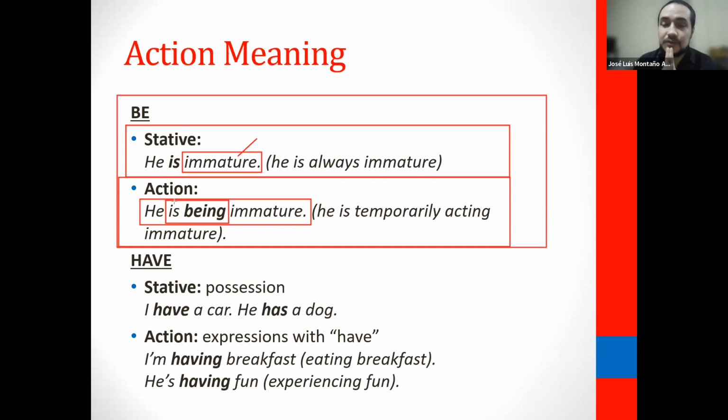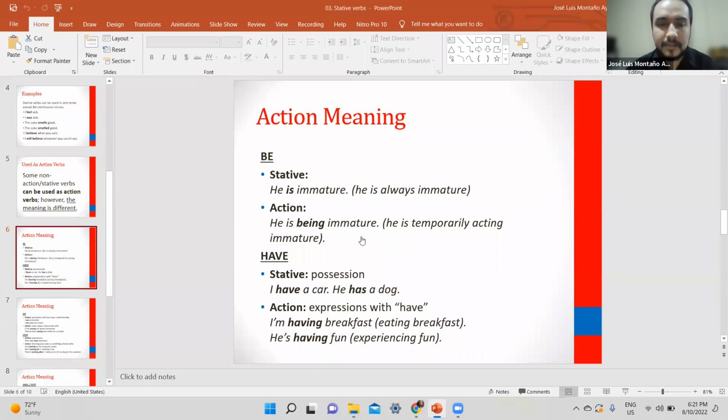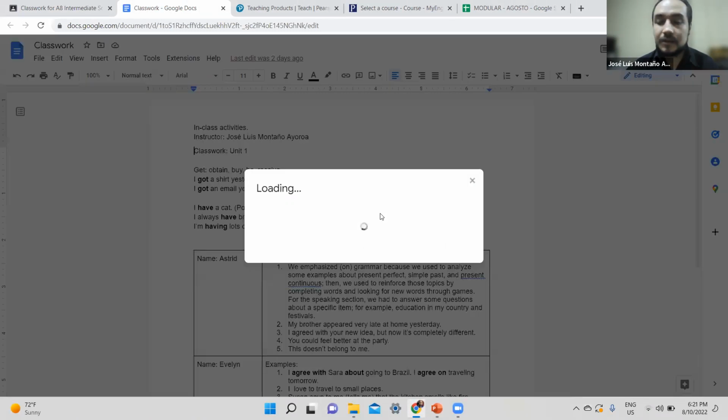But I want to see if you get this idea. It's going to be important for me to see if you understand this idea. So please, first, if you have any questions, let me know. If you don't, we are going to write some examples. You know where we write the examples, okay? I'm going to pass the link, so please let me know if you have any questions about that explanation.